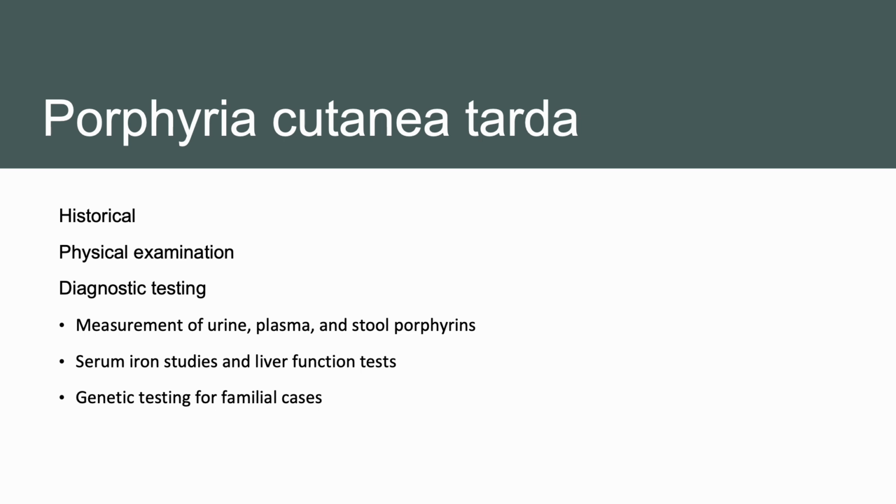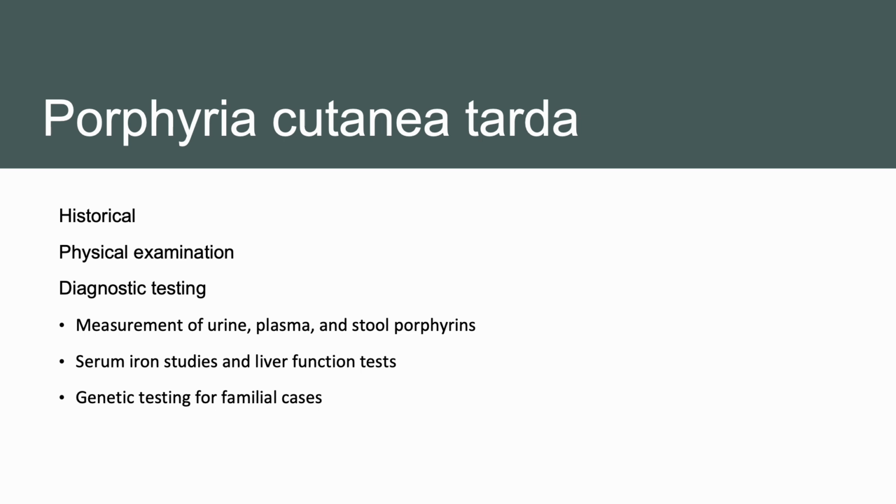Patients often report blistering and skin fragility upon sun exposure. History of alcohol use or liver disease may be present. On exam, as we mentioned, blisters, erosions, and scars on sun-exposed areas are common. Hyperpigmentation and hypertrichosis may be seen.